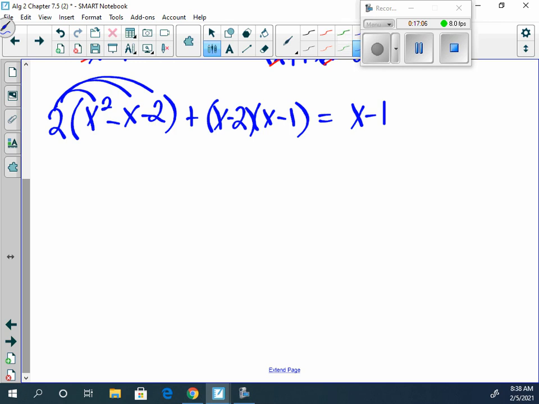So one of the first things, so if we're good at this point here, yes? We can multiply through by 2. Well, 2 times x squared is 2x squared, and then 2 times negative x will be negative 2x. And negative 2 times 2 would be negative 4. Okay, now we need to distribute those two sets of parentheses.